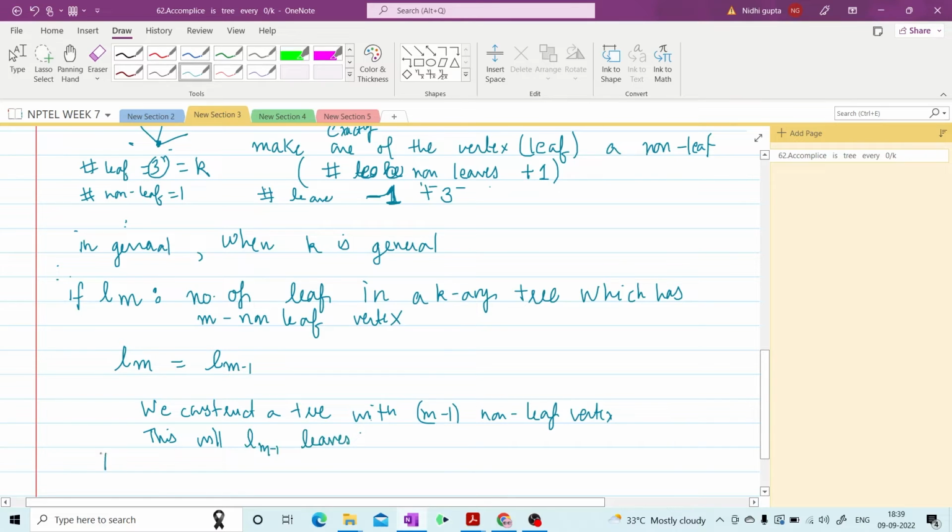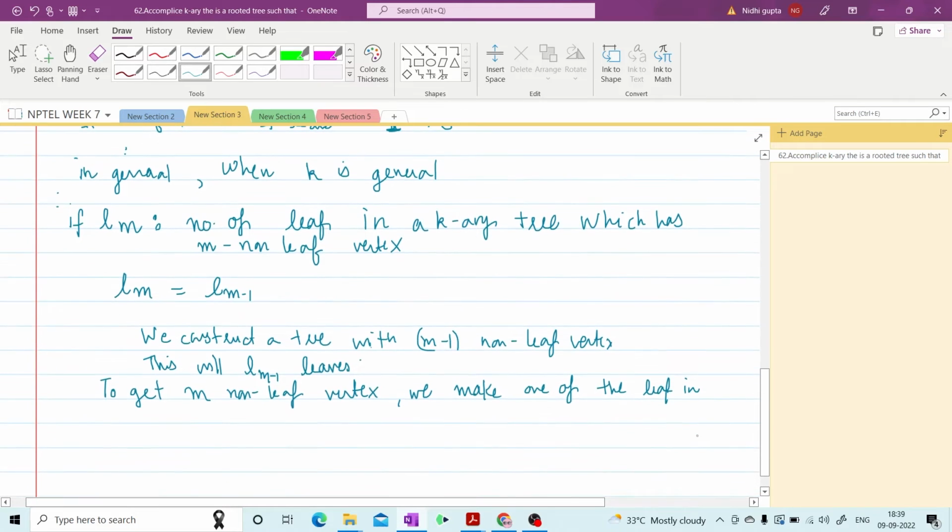Now to get m non-leaf vertices, we make one of the leaves in the L m minus 1 leaves a non-leaf.